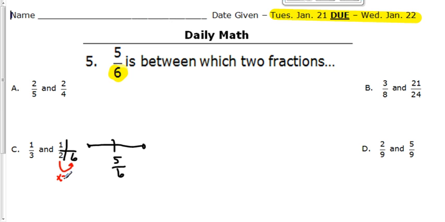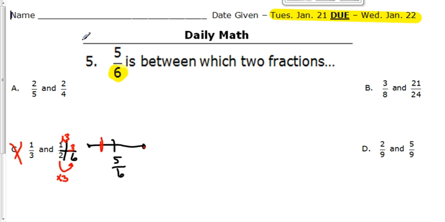So I have a scale factor of 3. If I do it to the bottom, I should do it to the top. So 1 times 3 is 3. That's not going to work because the second fraction would actually come before 5/6 and not after 5/6. So the answer cannot be C, and I don't even have to convert the first one.